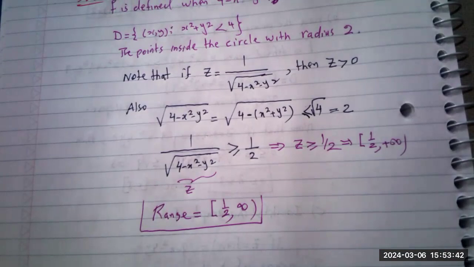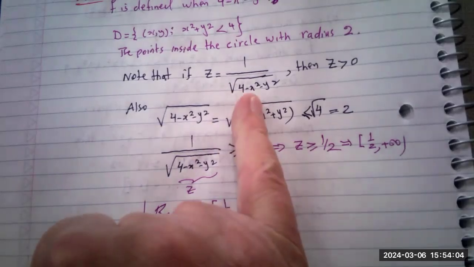Any question? Yes. Why is it greater than or equal to? Isn't it just greater than 1/2? It's okay because x squared plus y squared, x and y can be 0. If both of them are 0, in the denominator there is no harm.